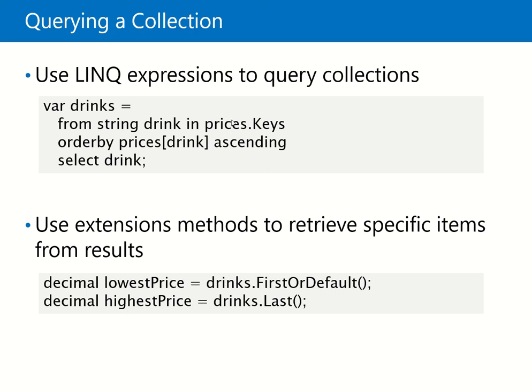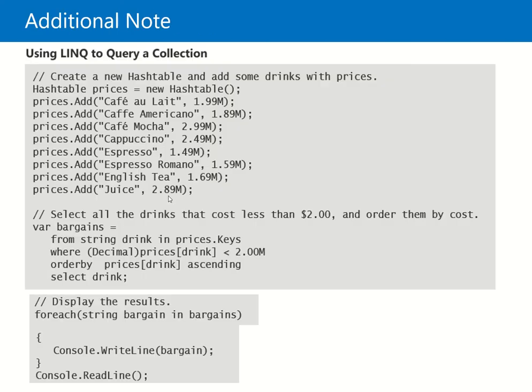In, okay, let's say somewhere there you already created a hash table called prices. So let's take a look at the complete one. So this is an additional note I added in.